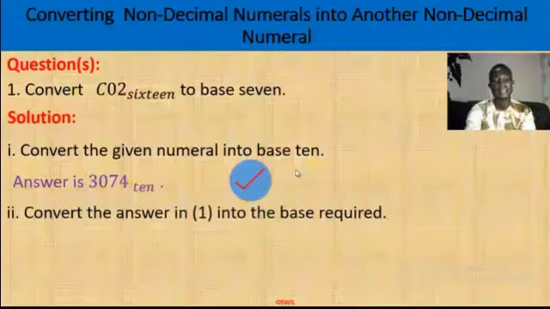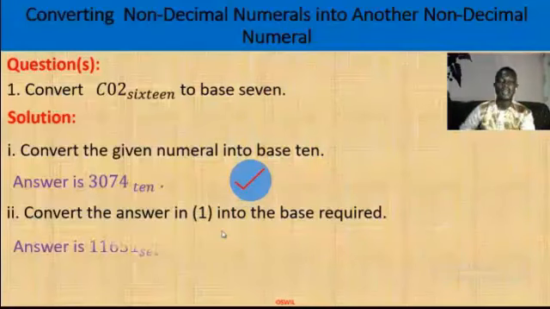Then the second step is to convert the answer you have gotten now, which is 3074 in base 10, to the base required. And in this question, the base required is base 7. So pause the video once again and do that. The answer would be 11651 base 7.